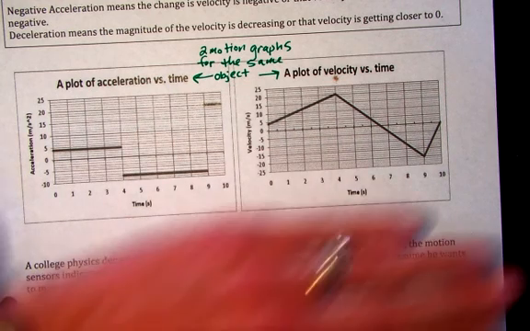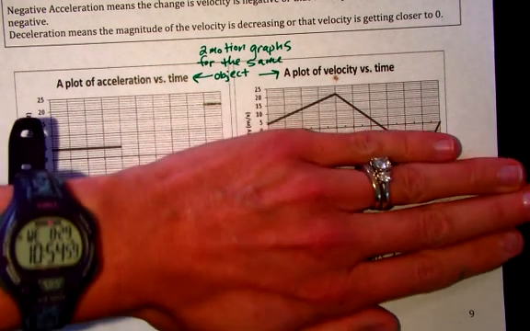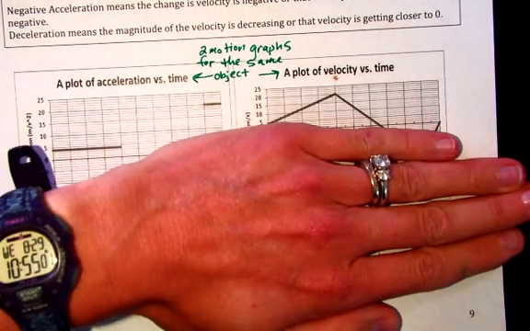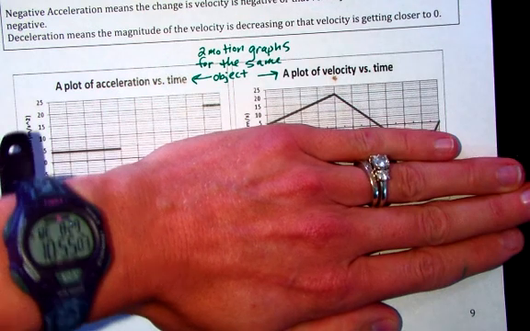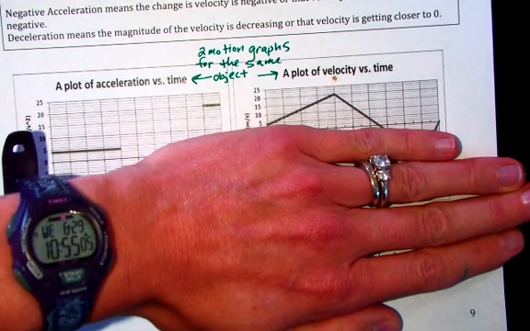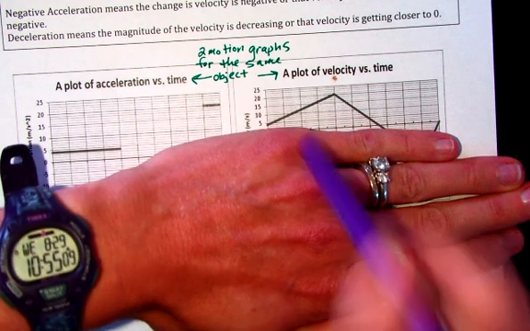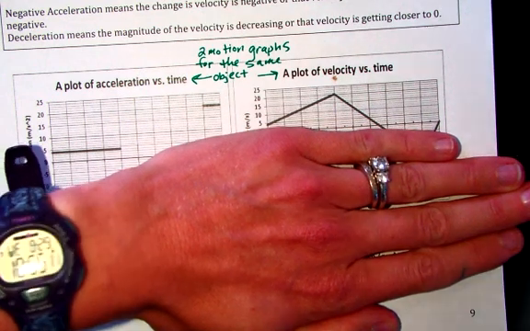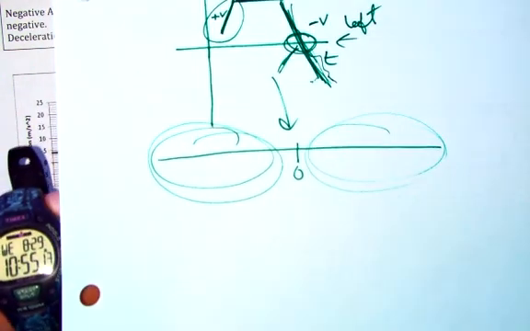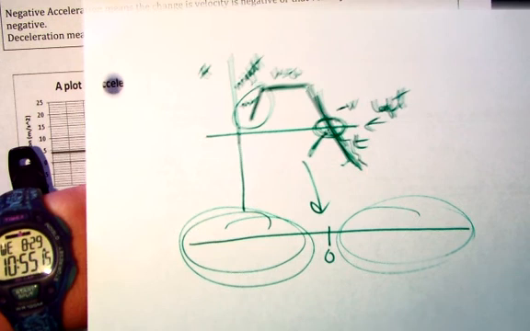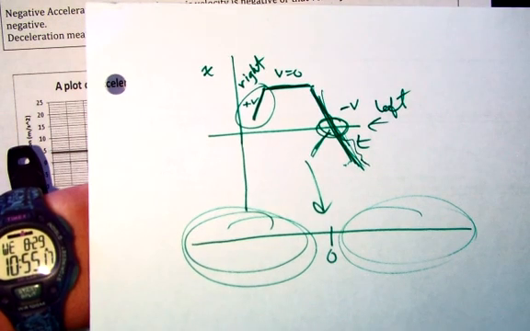For a velocity versus time graph, what does it mean to be above the x-axis? It means you're going to the right, okay? This is different because on a position versus time graph, being above the x-axis did not guarantee I was going right.